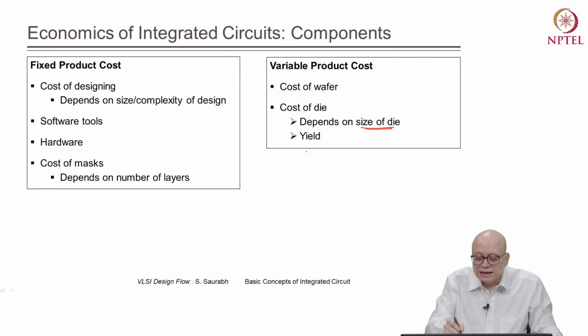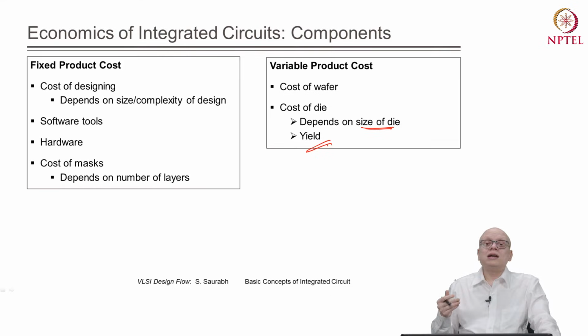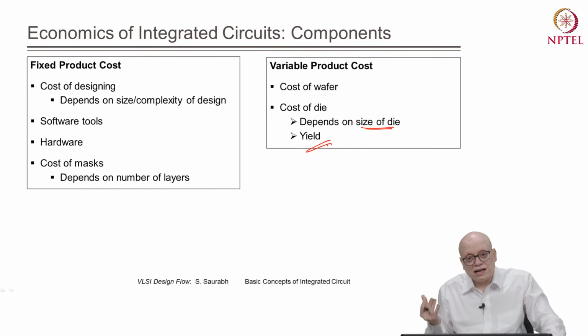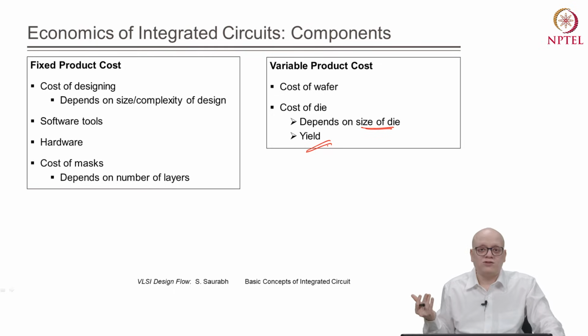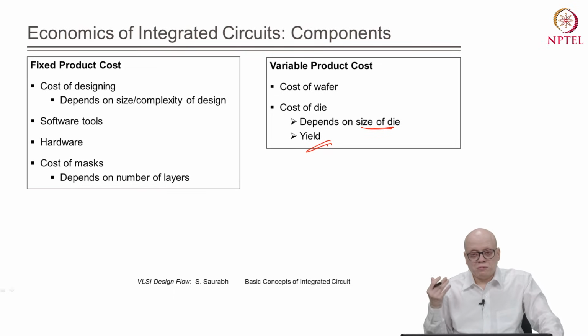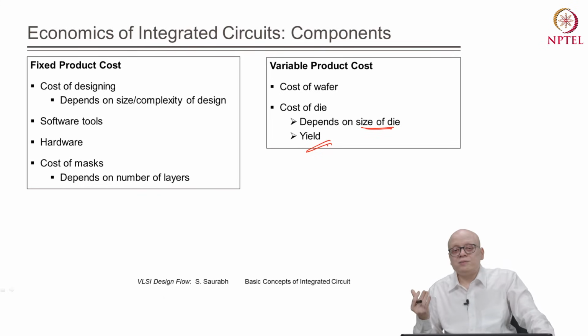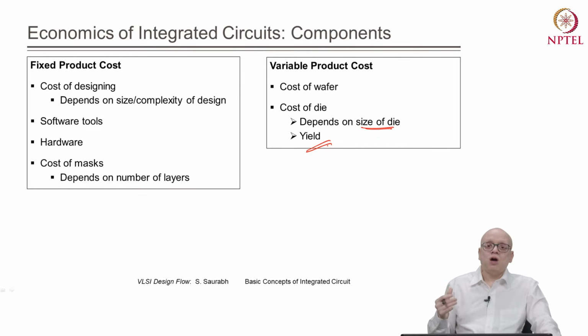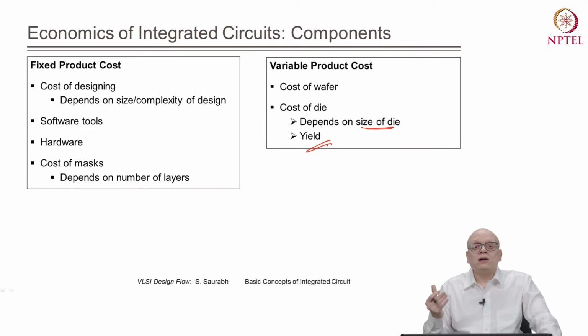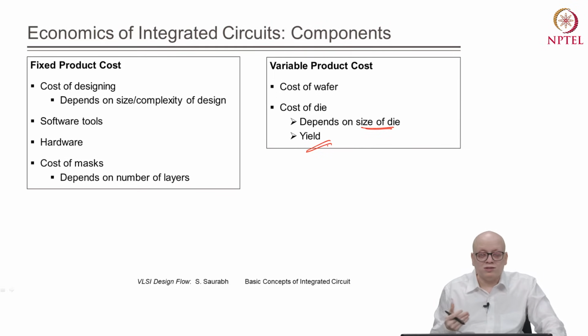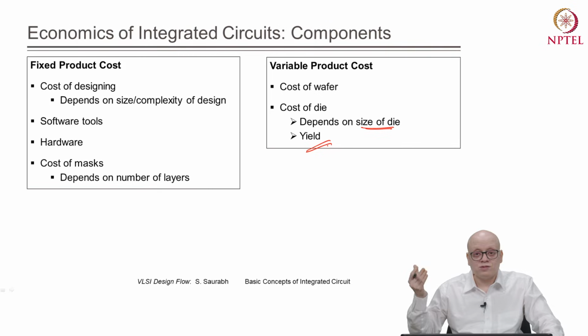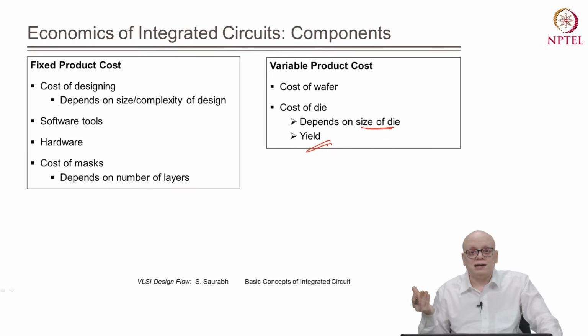And then the yield means that out of, say, 100 chips that we manufacture, how many are defect free, right? Manufacturing is a complicated process, and when we manufacture a chip, all of them cannot be defect free. Typically, if more than 95% of the chips are defect free, we say that the yield is good.